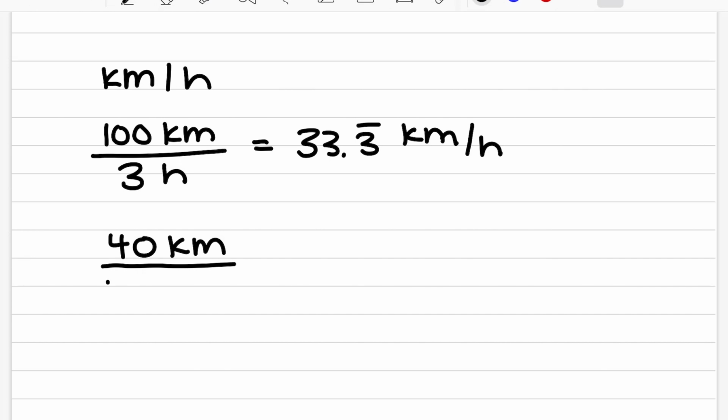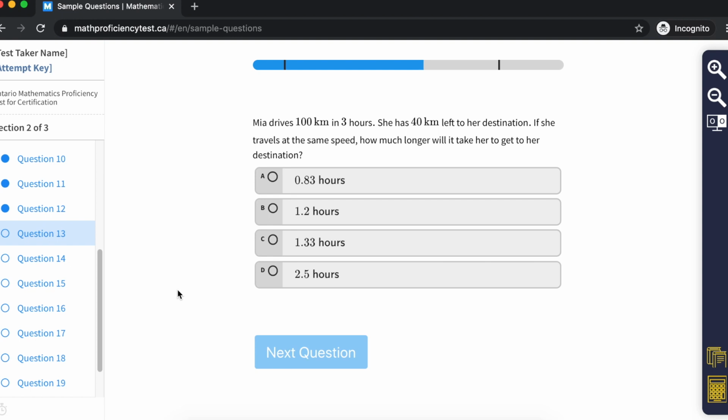So 40 kilometers divided by 33.3 kilometers per hour. And these kilometer units are going to cancel out, and the hours comes to the top, just what we wanted. So we'll have 40 divided by 33.3 is 1.2 hours. And that's option B.